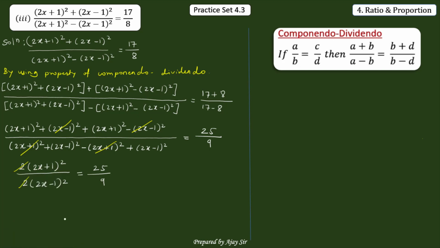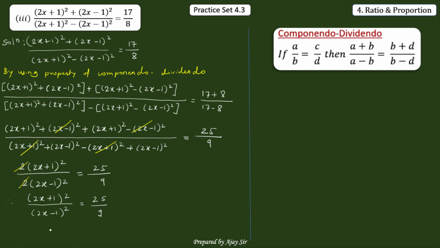After cancelling the 2, you will get (2x plus 1) bracket square divided by (2x minus 1) bracket square is equal to 25 by 9. Now this side is a perfect square, and 25 upon 9 are the perfect squares of 5 and 3.